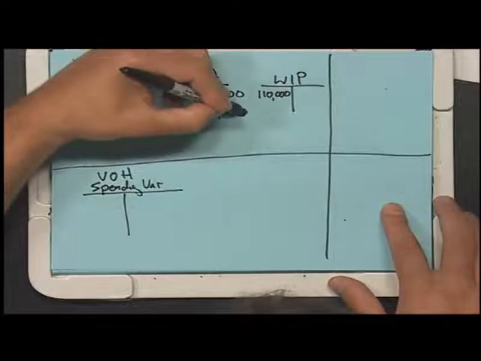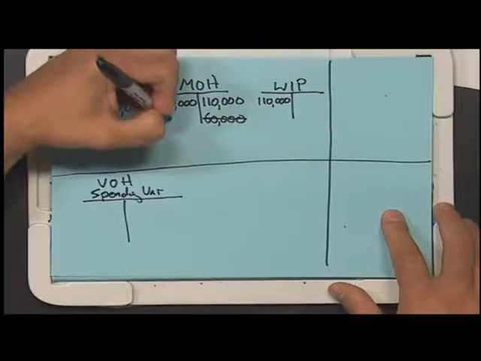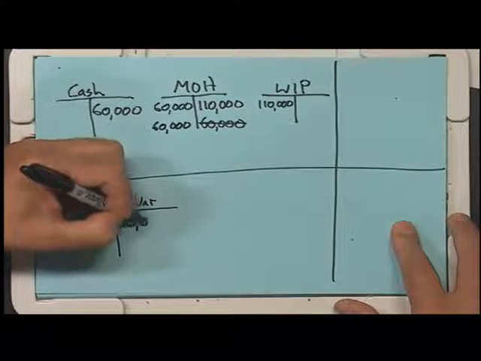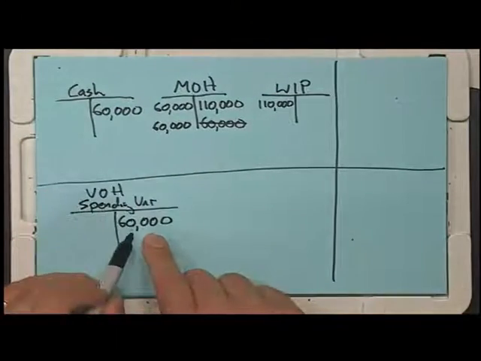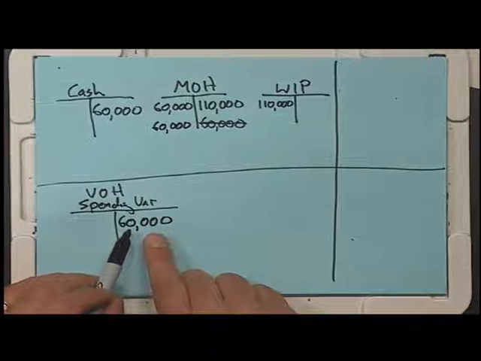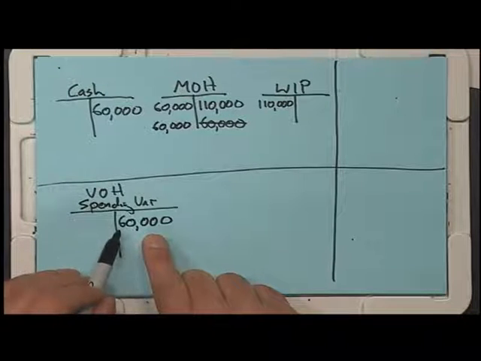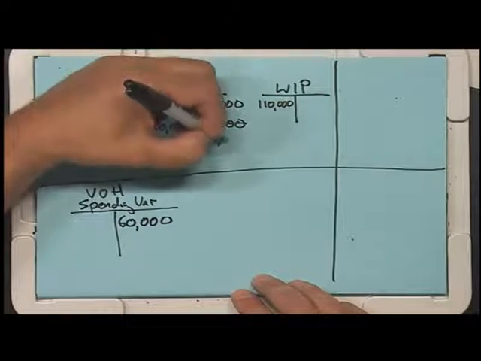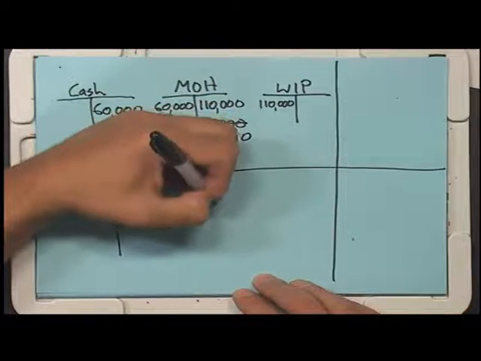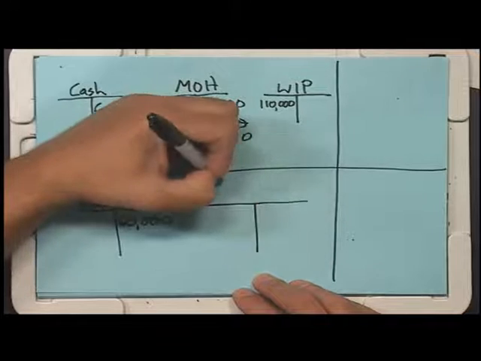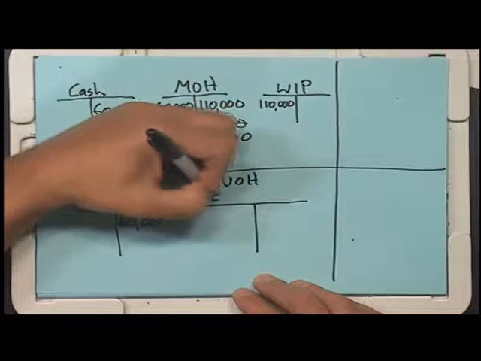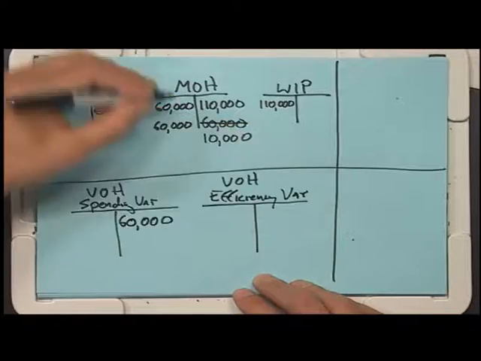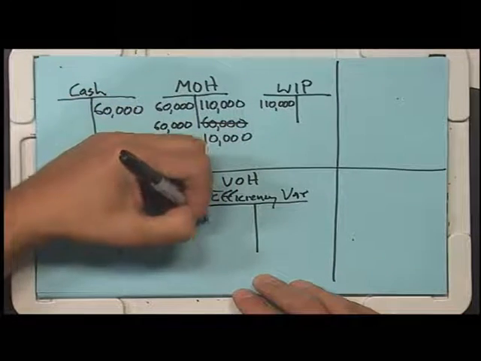Sorry. That's going to be a debit to manufacturing overhead because we are going to credit our spending variance. This is good news. It's expense reducing on our income statement. And then we have a debit of 10,000, which is going to be balanced by our variable overhead efficiency variance of $10,000.